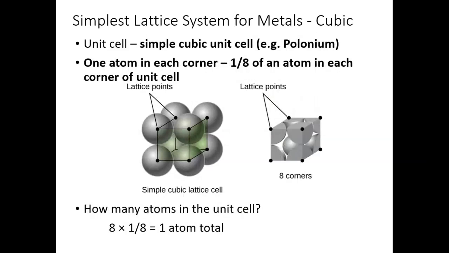Wherever an atom is, that is what is called a lattice point. A lattice point is not necessarily a corner. A lattice point is where atoms are. When you have atoms at each corner, an atom in the corner is 1/8 of an atom in the corner.